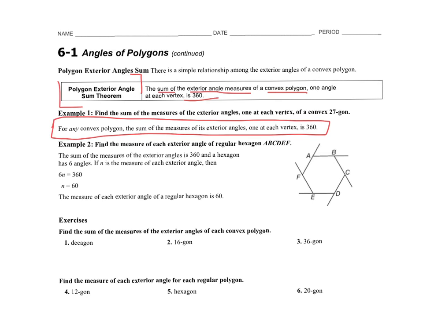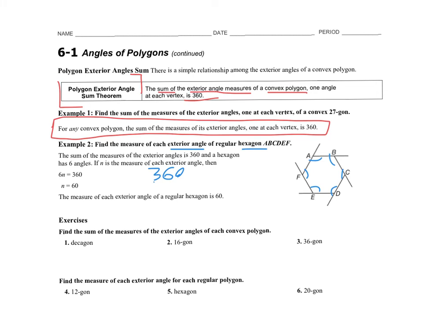So, example 2. Find the measure of each exterior angle of a regular hexagon ABCDEF. Well, a hexagon has 6 angles. We know that the exterior sum must be 360.